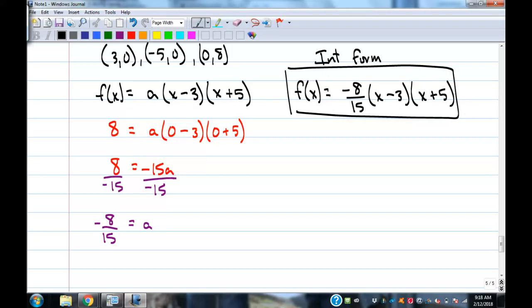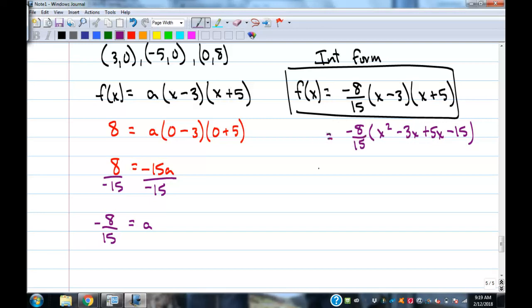What would be the next form we would want to go to? If we've got intercept form, what's the next easiest one to go to? Standard, because we can just multiply that out and we get standard form. So that's what we're going to go to next. If I multiply that out, that's going to be x squared minus 3x plus 5x minus 15, and all that's going to be multiplied by negative 8 over 15.